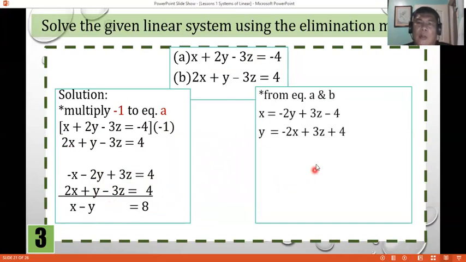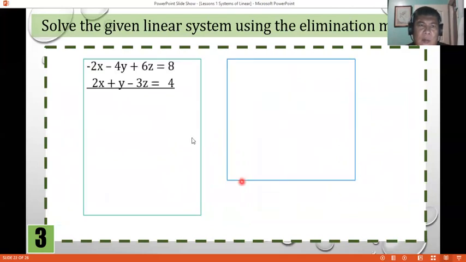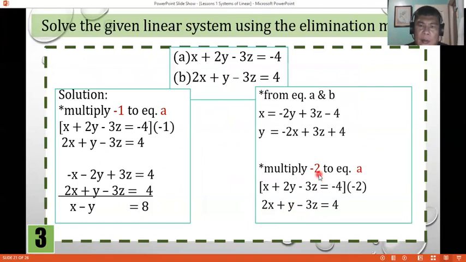Then, from equation A and B again, ito naman, eliminate natin yung ito by subtraction. Okay, by subtraction. Or we just multiply negative 2 to equation A, magiging 6z. Ulitin natin, back natin. Okay?